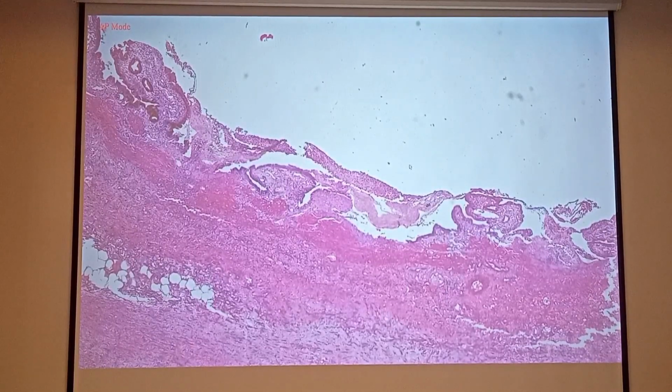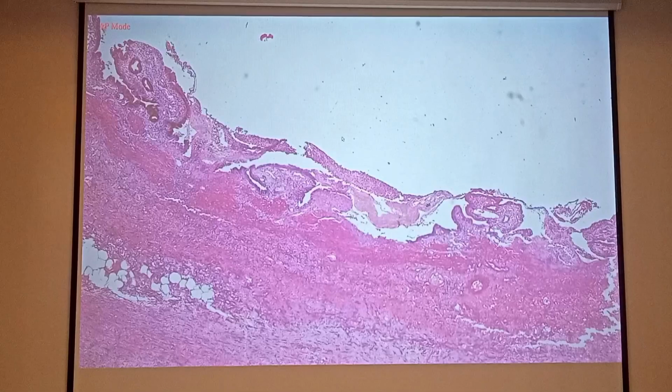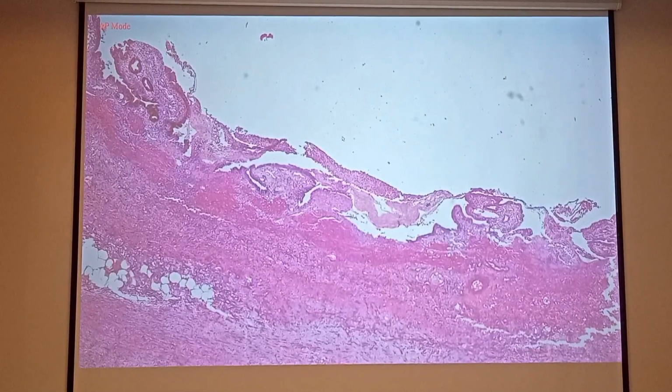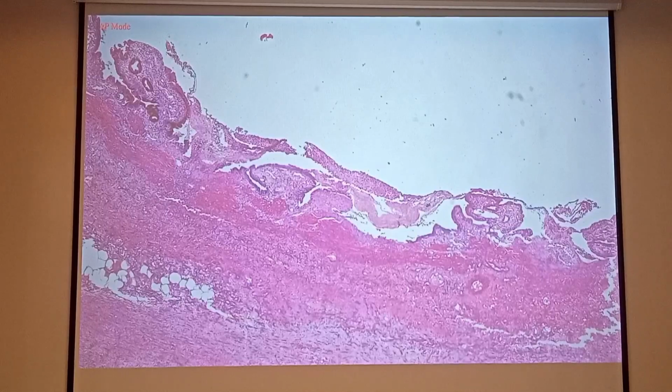Stones form when there is more than enough concentration to form a nidus and conglomeration among the salts that form in this bile secretion. So quite easy. Chronic cholecystitis, chronic inflammation.